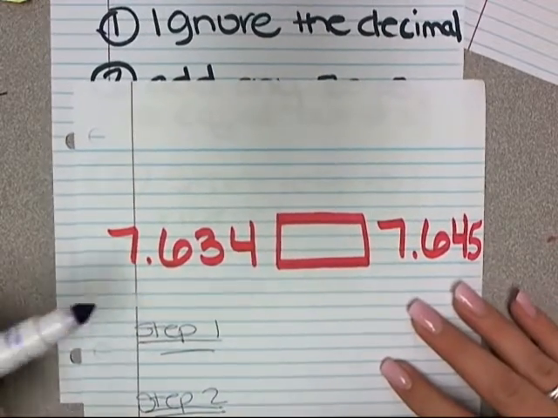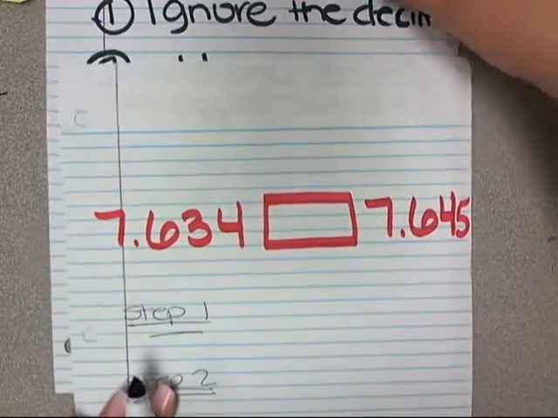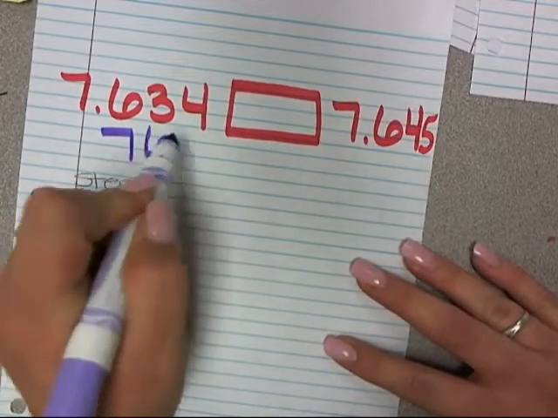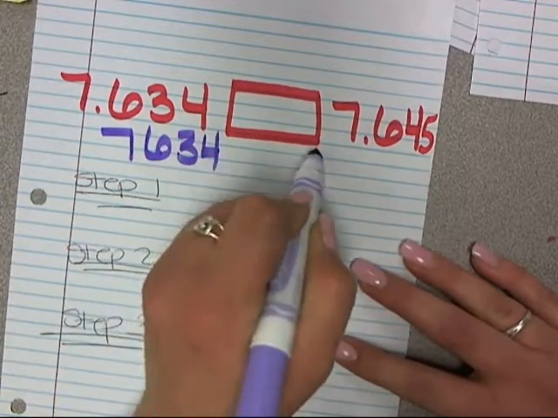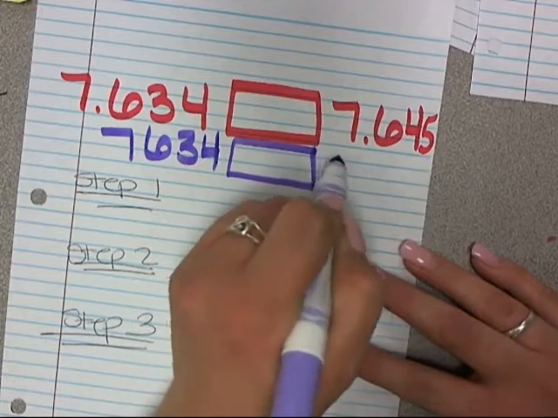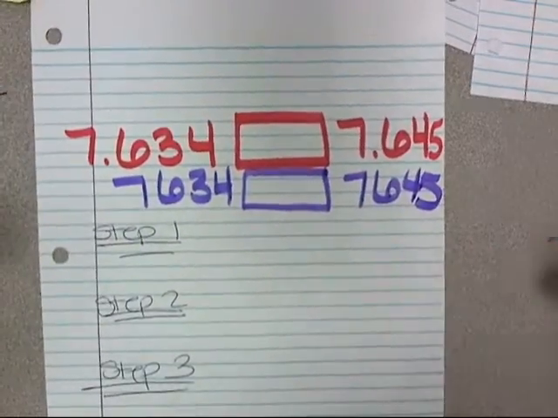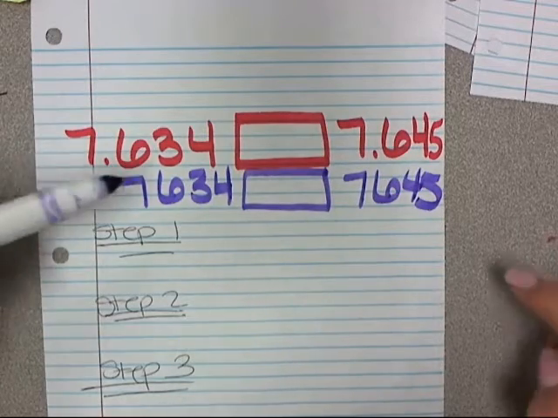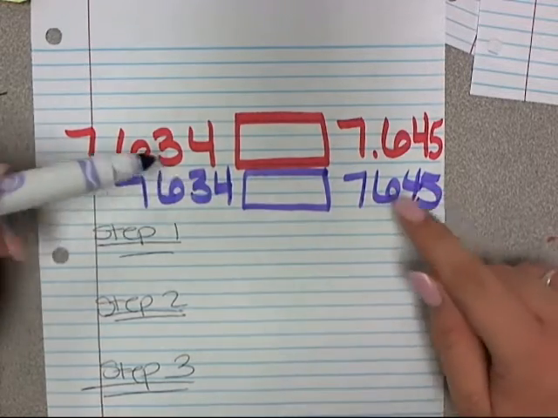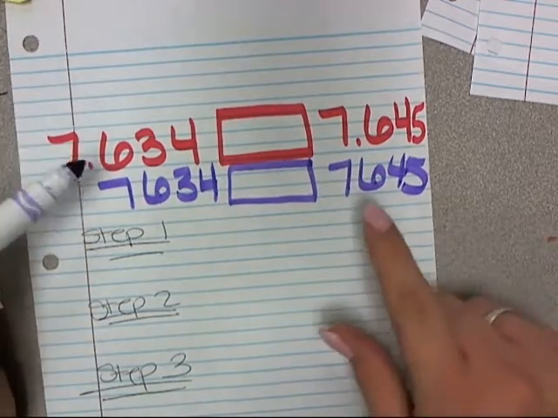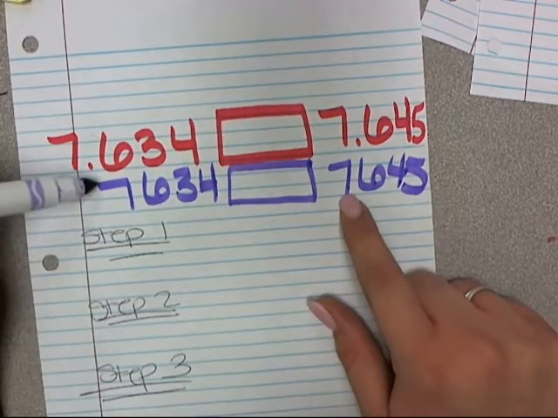Step 1, ignore the decimal. So we're going to go ahead and rewrite this. I'm going to ignore the decimal. 7, 6, 3, 4. Keep my box. 7, 6, 4, 5. My next step is to add any zeros to equal out the numbers. Well, they're all equal. We have the same amount of numbers, so we're fine with that. And then we're going to start from left to right. 7 is the same as 7.